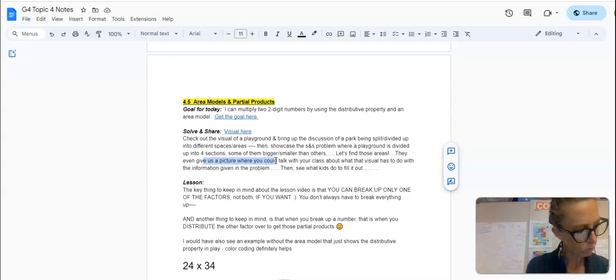Wait, I wouldn't even say that's the park. I would just say, ooh, that picture, what does this have to do with the playground? What does it really describe that's happening in the playground? See if they can talk about that, make sense of it, and then go forth to try to find the areas and see what kids will do to fill it out.